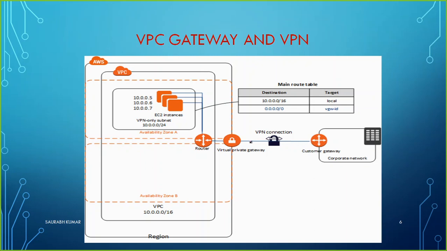This connection is through the internet, but still I have a connection like a private network. That's why it is called VPN. It is going to be secure. You can use IPsec there for security purposes, and that's how your local infrastructure devices will be able to communicate with instances or services running in the VPC as if they are in the same LAN.